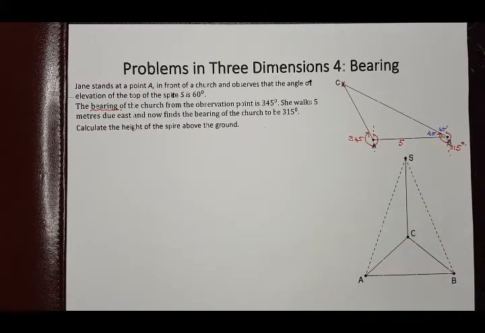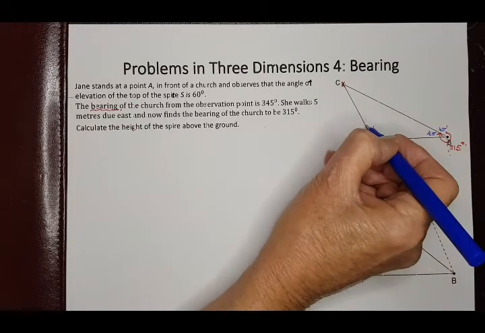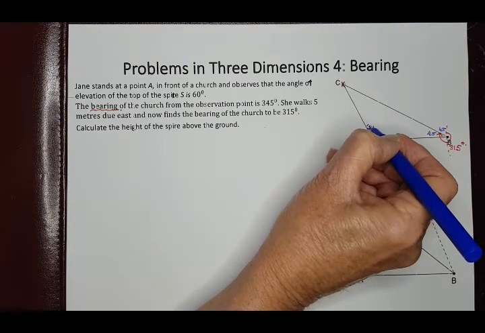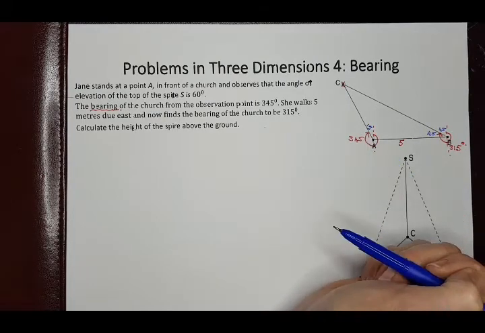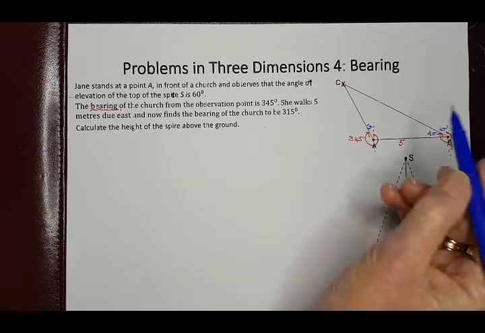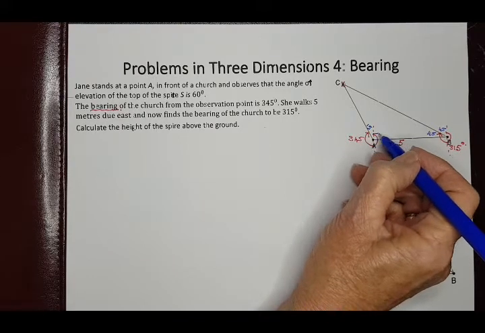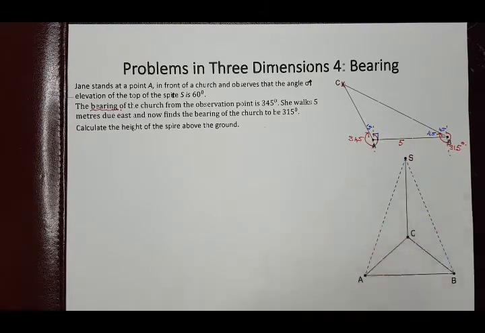If I take the little bit over there, 360 minus 345, that's going to give me that this little piece inside there, from my north line to that angle, is going to be 15 degrees. This piece of the angle is going to be 90.